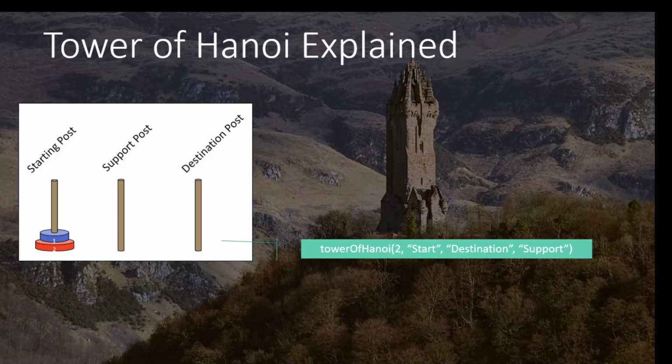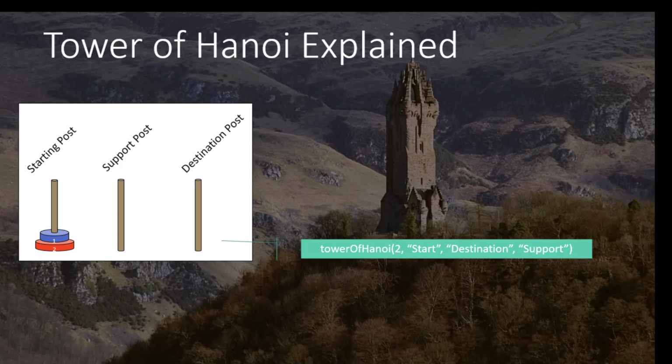That makes sense, right? I can't move 2 straight over because 1's on top of it. So the easy answer is I move 1 to the support post, 2 to the destination post, and then 1 on top of the destination. So the logical rules are simple, but breaking it down recursively takes a little bit of a trick.